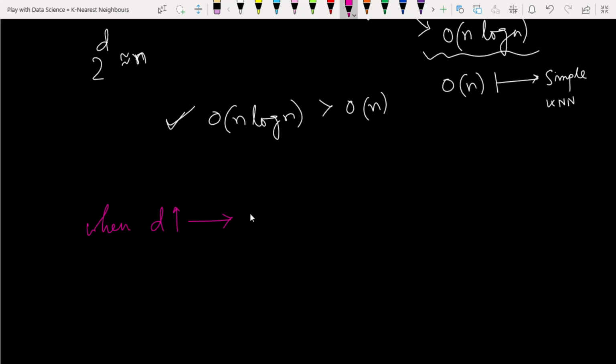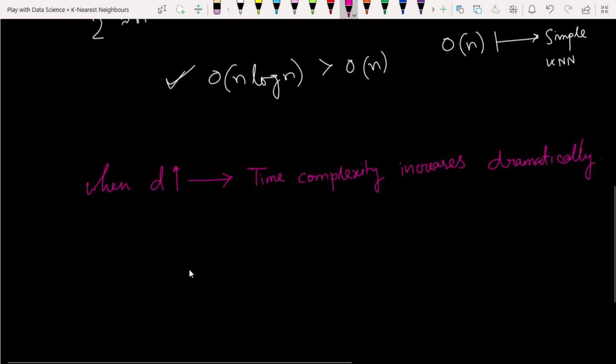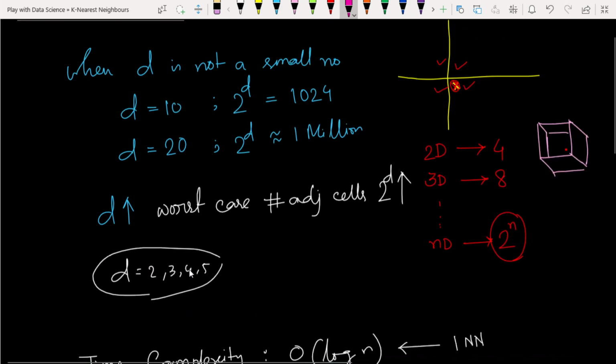Then time complexity increases dramatically. Okay, I think you will understand this thing. Now, this is one main problem: time complexity.